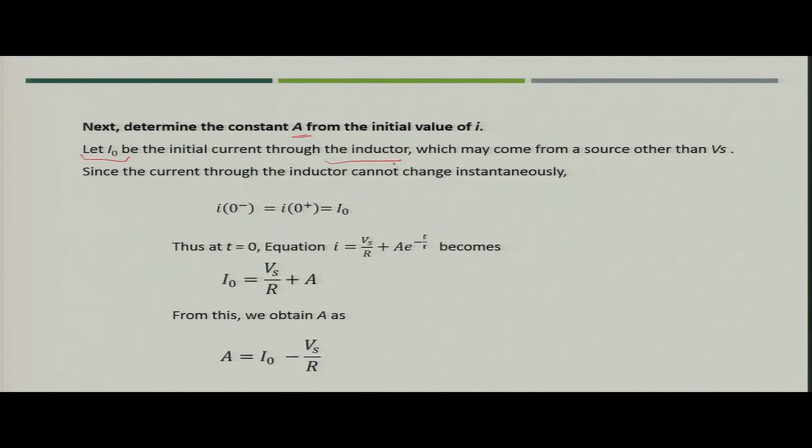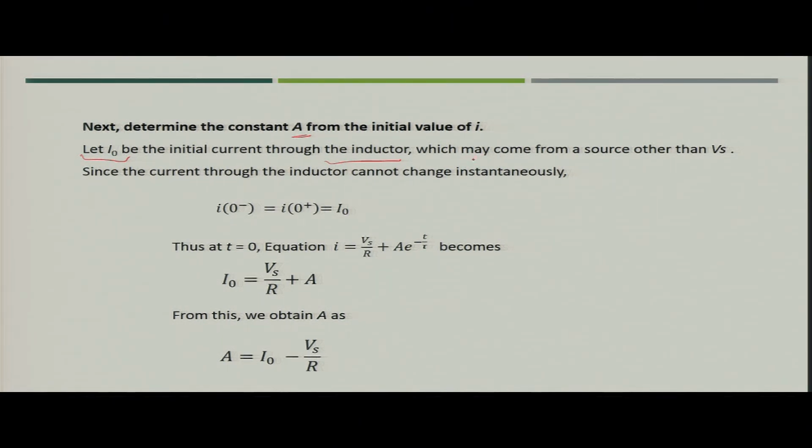That means, at time t equal to 0 minus, the time just before the switch is closed and the voltage source is applied, we assume that the current flowing through the inductor is I naught.